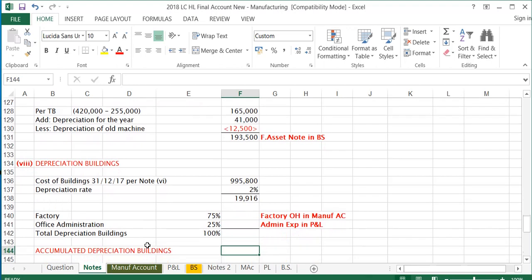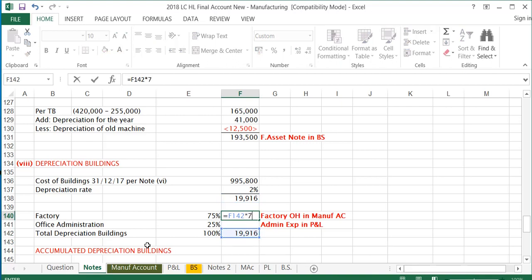Now that has to be split between factory and office administration. So the total is 19,916. 75% of that will go in factory overheads in the manufacturing account, and 25% of it will go as an admin expense in the P&L.